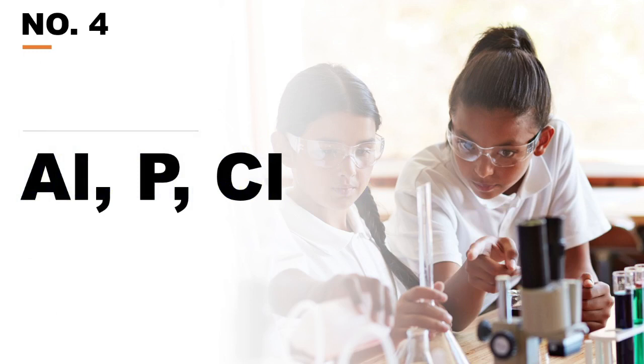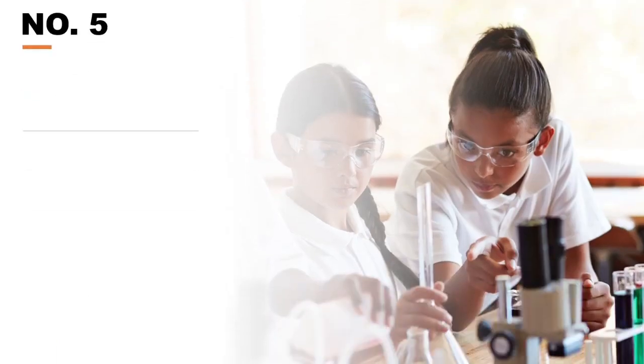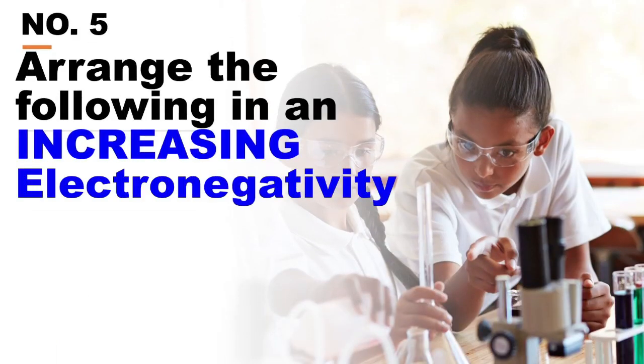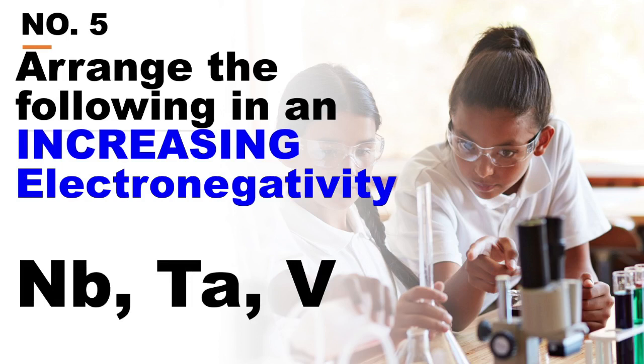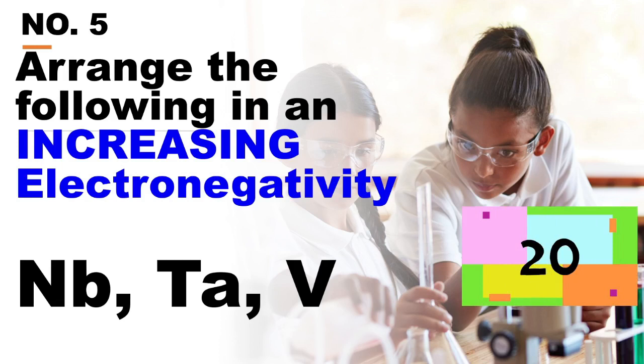And for the last number, number 5, arrange the following in an increasing electronegativity. And these are the elements: Nb, Ta, and V. The timer starts now.